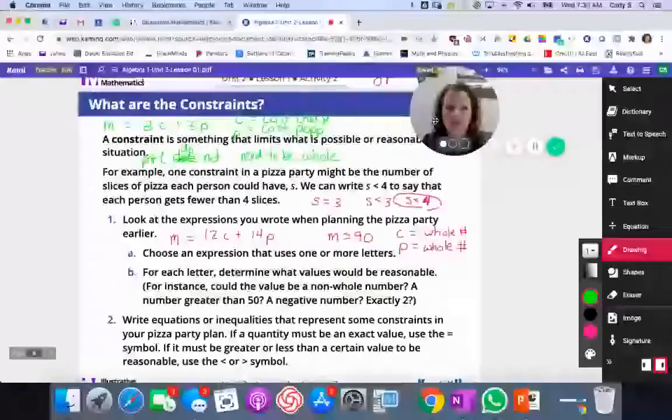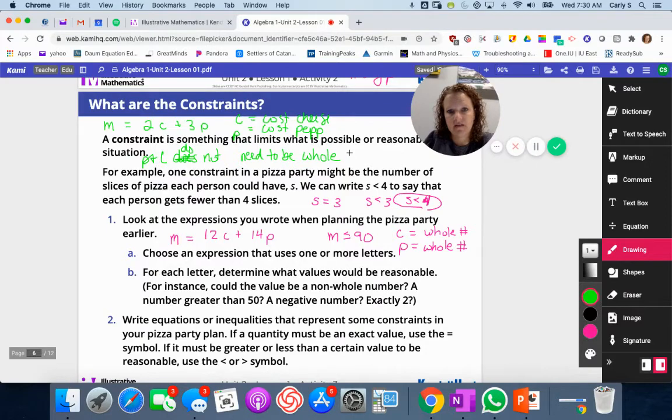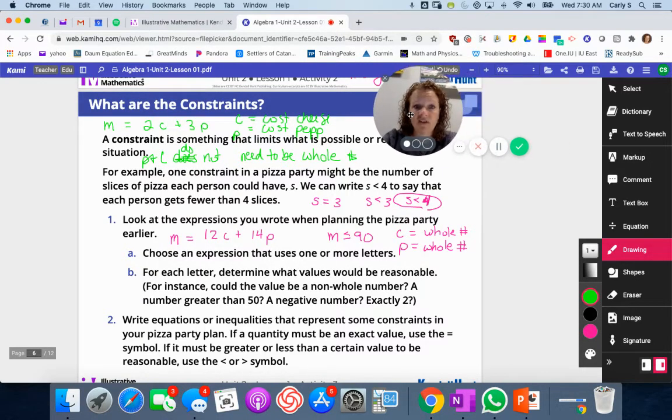It can be $12.50, $15, $12.34. It could be anything. It does not need to be a whole number if C is the cost of the cheese and P is the cost of the pepperoni. So that's another example. We can ask questions like, can they be negative? Can any of the numbers be negative? No.